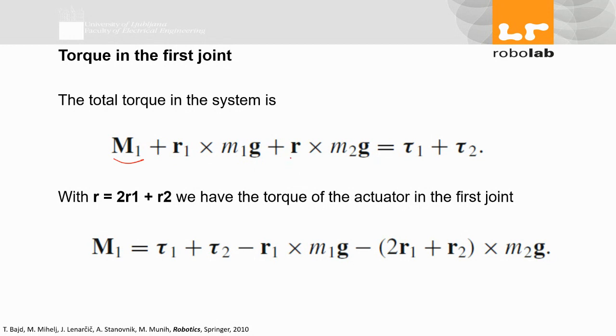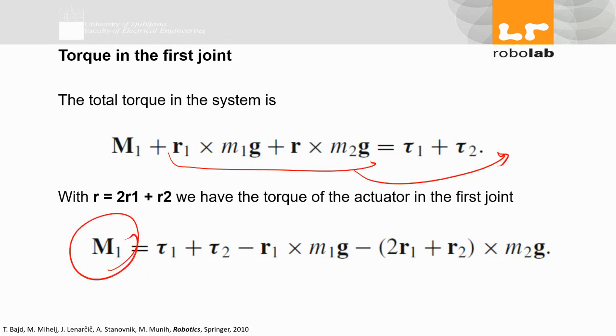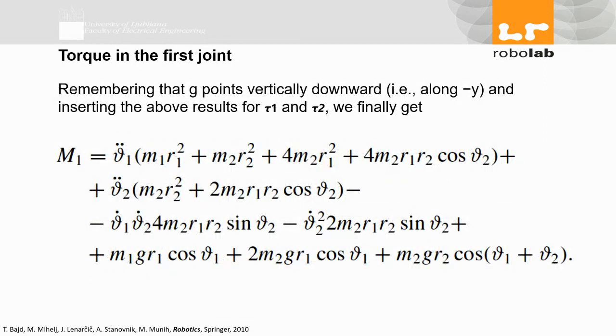Again, by replacing this R1 with R1 plus R2, simplifying this, and moving this part to the other side, the motor torque you need to produce at the motor of your first joint will be equal to tau 1 plus tau 2 minus R1 M1 G because of gravity, and because of the gravity of the second mass. If I replace everything, it gives me this long, scary equation.